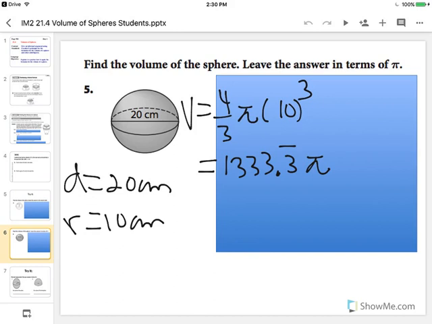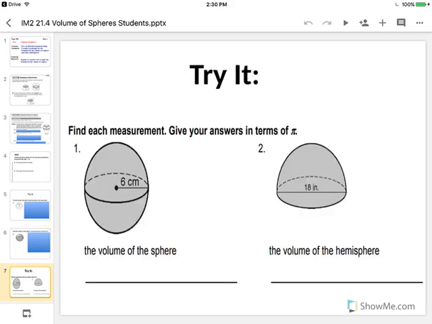Or you can write this as a fraction, still the same answer. Let's try number 7. Find each measurement. Give your answer in terms of pi.